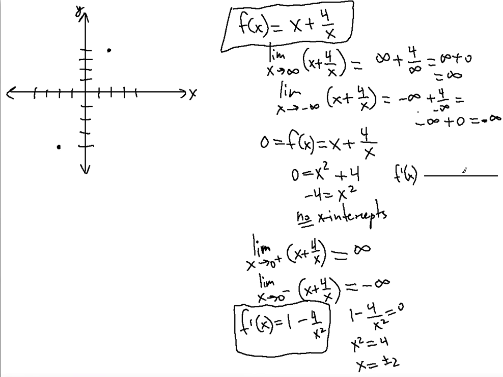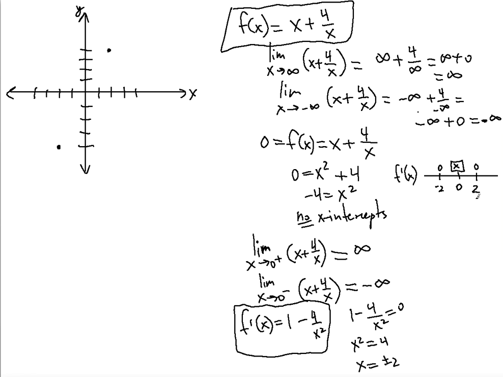So at 0, we can mark it with an x, bracketed, that it's undefined. At x equal to 2, we just found out that the value of the first derivative was 0, and the same thing for negative 2. Now to the right of 2, let's see, if we plug in 3, we will get 1 - 4/9.